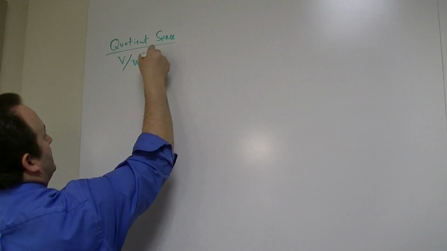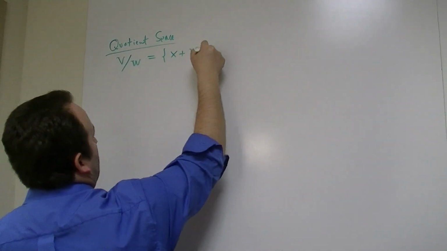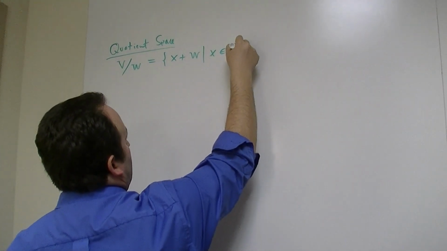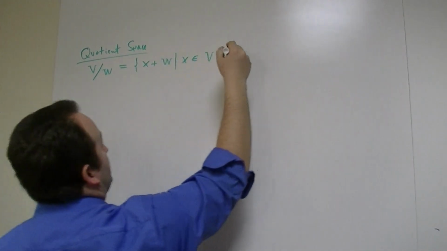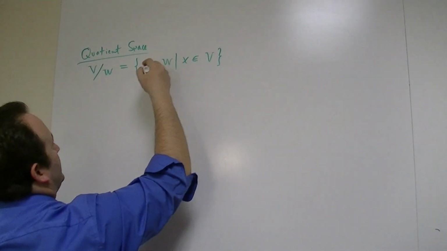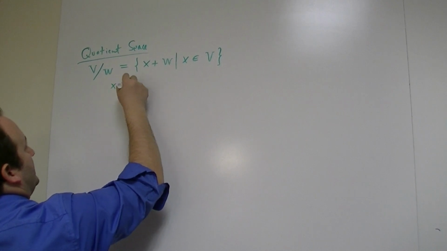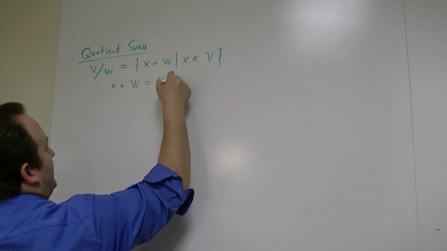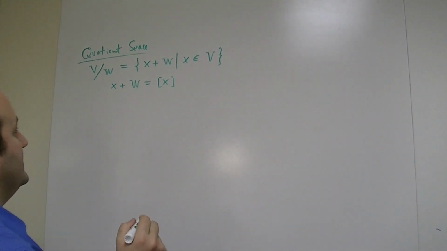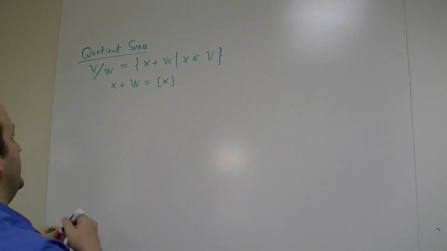V quotient W is the set of cosets x plus W such that x is an element of V. So x plus W is a set of things, but we often use the notation x plus W is equal to bracket x. It's convenient for the purpose of the examples that follow. I'm not sure it's the best thing, but let me show you some actual examples here.